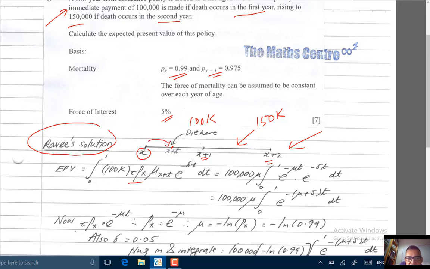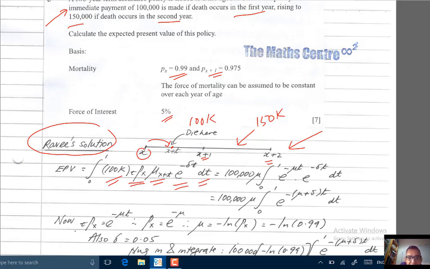That's t p x. And then he'll be hit by the force of mortality, mu x+t, and this person dies. And he gets 100K, and we need to discount it. So we have e to the power of minus delta t, and we integrate all this with respect to t, t going from 0 to 1.